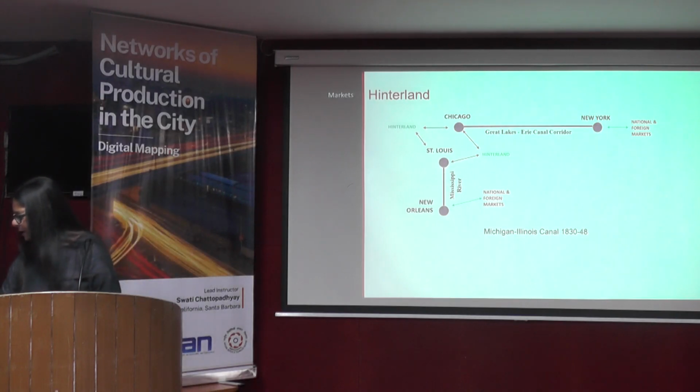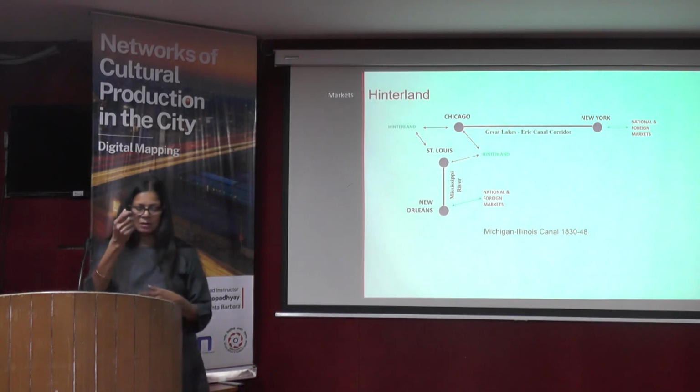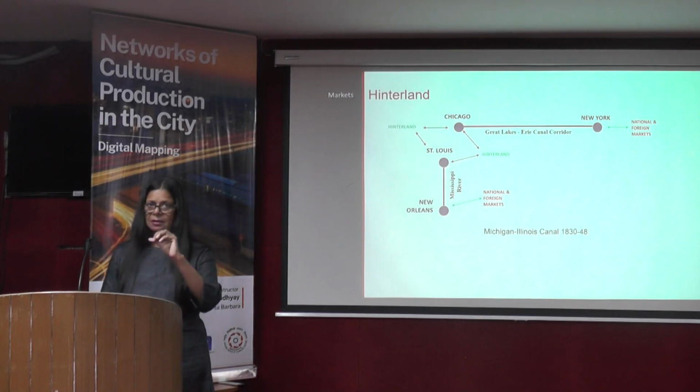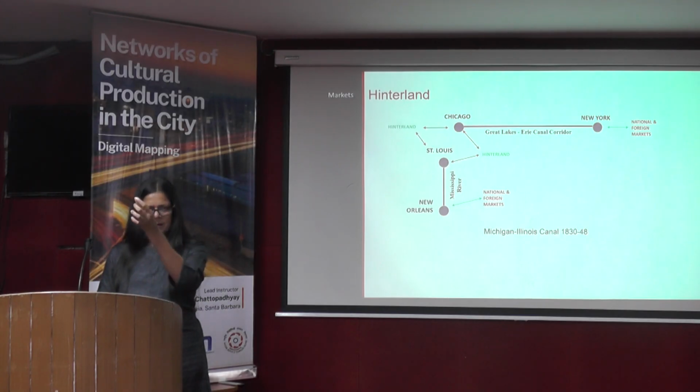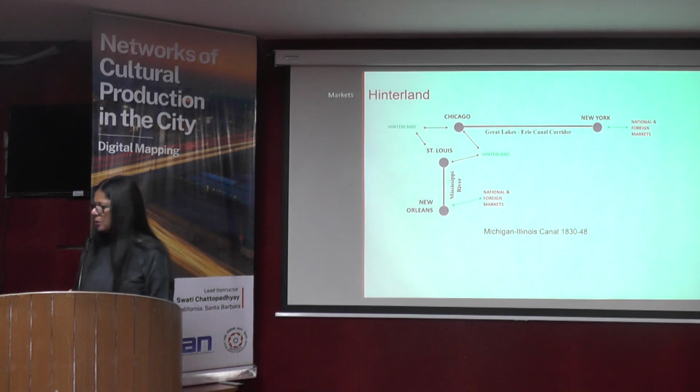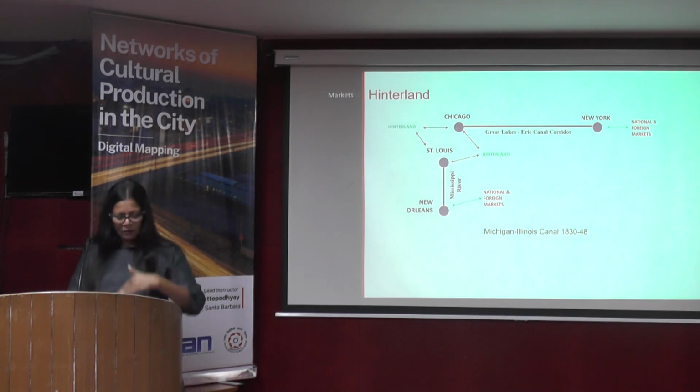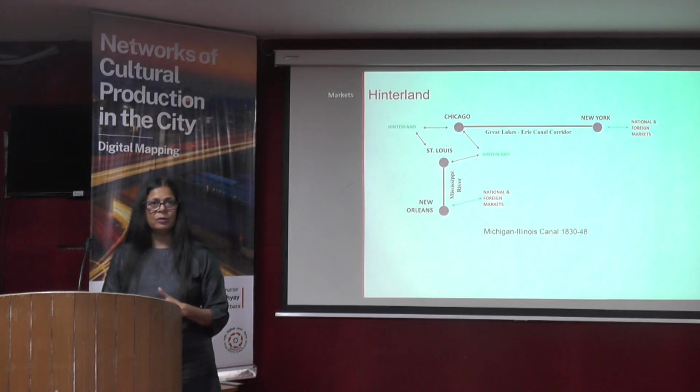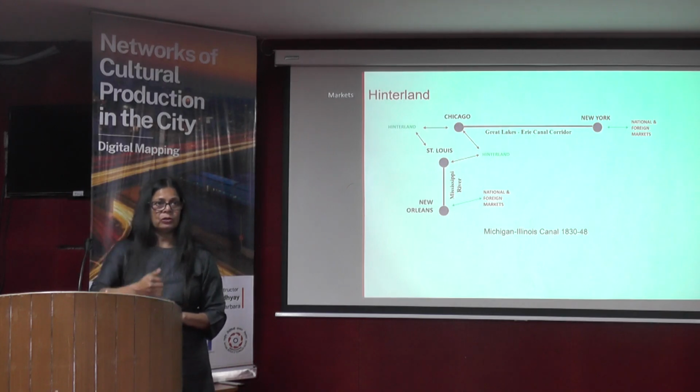So the Michigan-Illinois Canal, and this is because the Chicago River is a kind of weak stream, if you will. And it was important to not just connect to the eastern seaboard, but also the southern seaboard. And here, there were two important cities, St. Louis and then New Orleans. So ultimately, it allowed goods to also move to New Orleans.